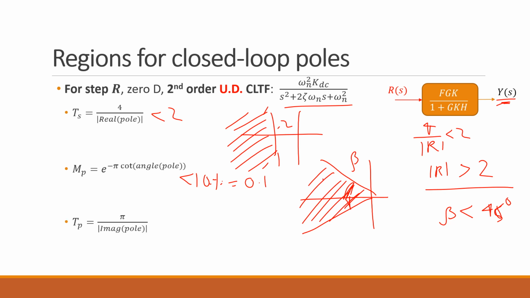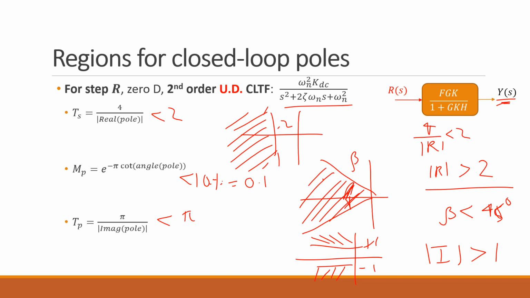If you have a specification on the peak time, let's say you want the peak time to be less than pi seconds, then by rearranging this formula, you basically get that the magnitude of the imaginary part of the pole should be larger than 1. That means the closed loop poles should lie in this region. Imagine two horizontal lines at +1 and -1 imaginary parts.